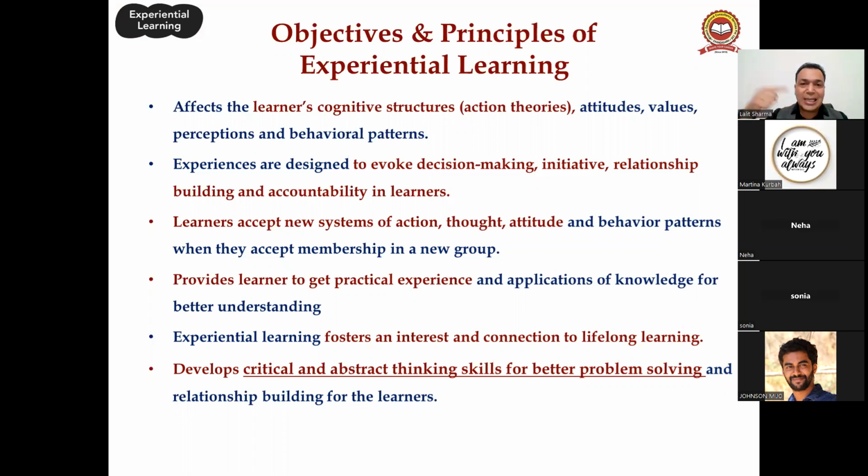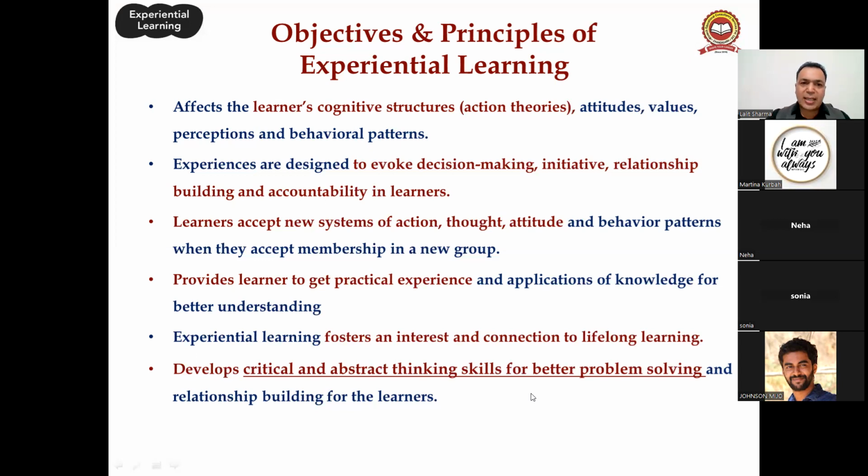When you start the teaching learning process through experiential learning, what results are there? It affects the learner's cognitive structure. Second, experiences are designed to evoke decision making, initiative, relationship building and accountability in learners, right?